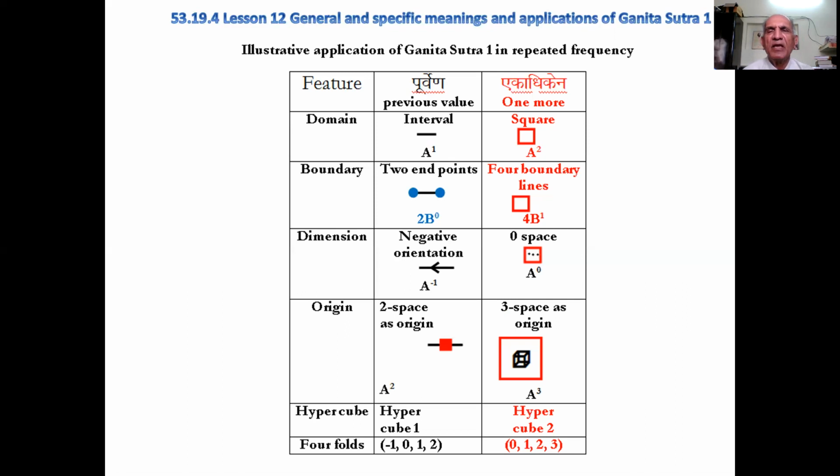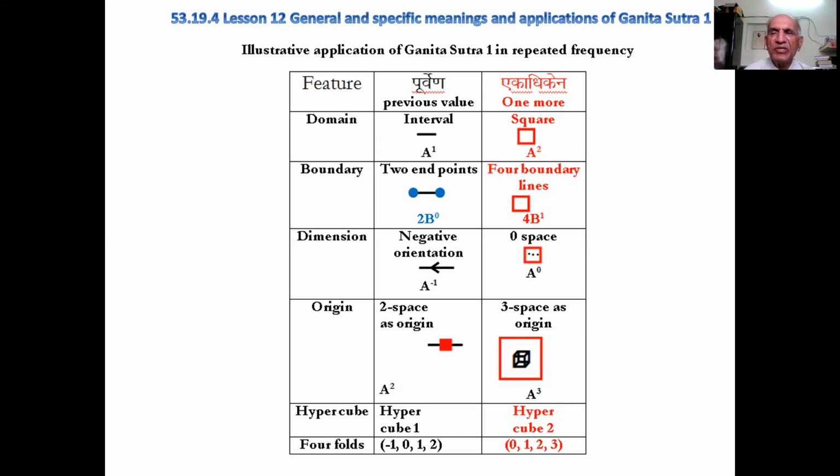See, the pair of entities with us here are interval and square. So single axis setup line and pair of axis setup surface. The rule takes us from single axis setup of line to a pair of axis setup of a surface.